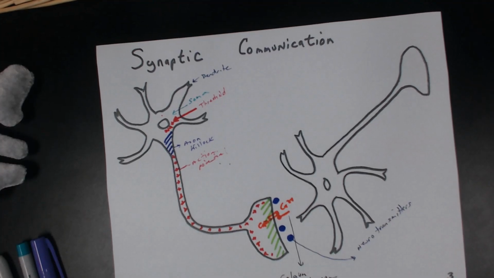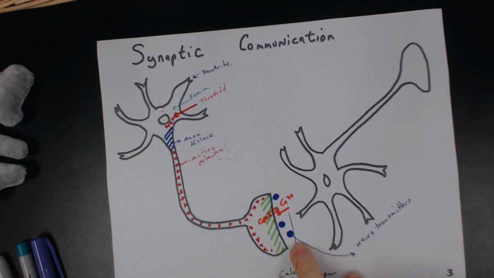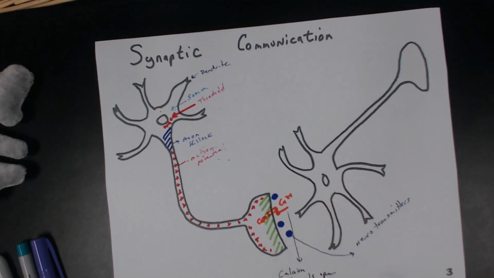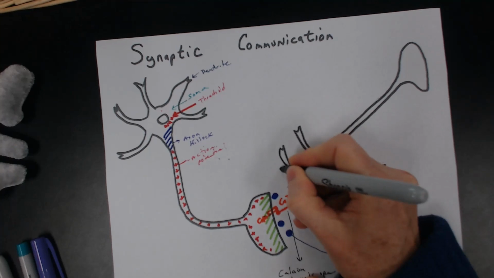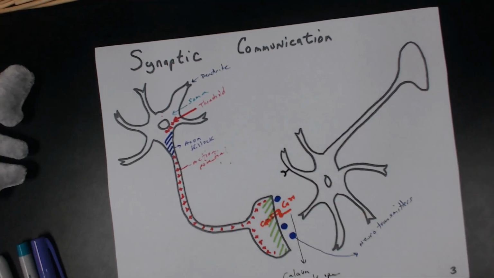So the transmission of an electrical signal down one axon to indicate that threshold was reached is now changed to a chemical signal by the release of neurotransmitters, and it's that chemical signal that crosses the synaptic cleft and binds to the dendrite of the postsynaptic neuron. Let's say each of these dendrites has some sort of receptor on it.